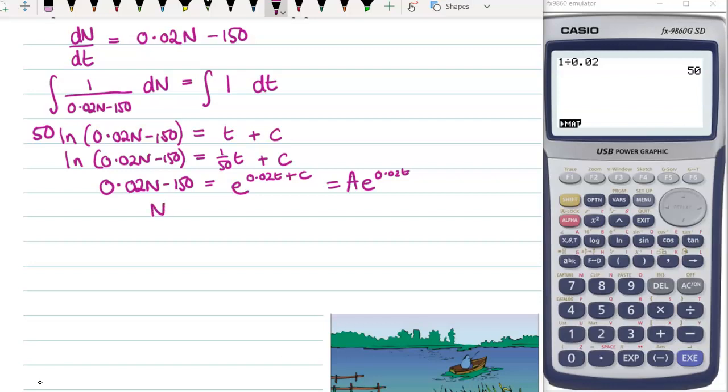So then n will be a e to the 0.02t plus 150 divided by 0.02, which is the same as timesing by 50. So if I was to divide by 0.02, 1 divided by 0.02 we've just seen is 50, so it's the same as if I times that by 50.